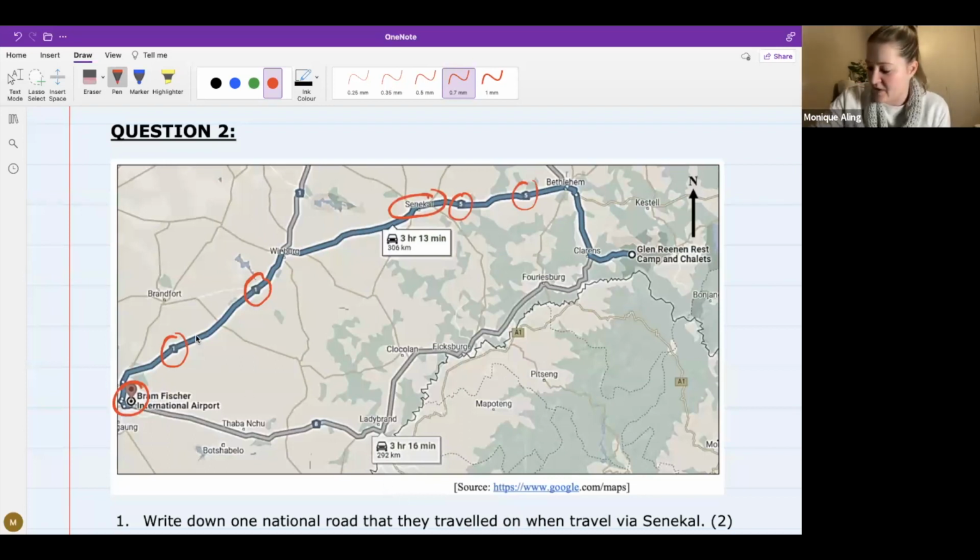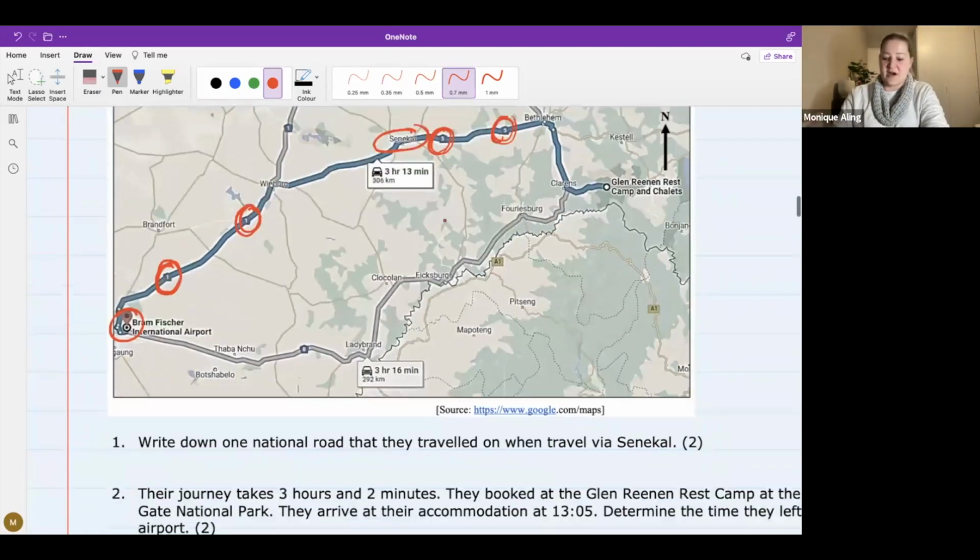So here's the N1, these first 2 points here. So they're going from Braamfisher Airport through via Senekal. Once they pass Senekal, they go onto the N5. I know it's a bit hard to see. So your answers there would be either the N1 or the N5.